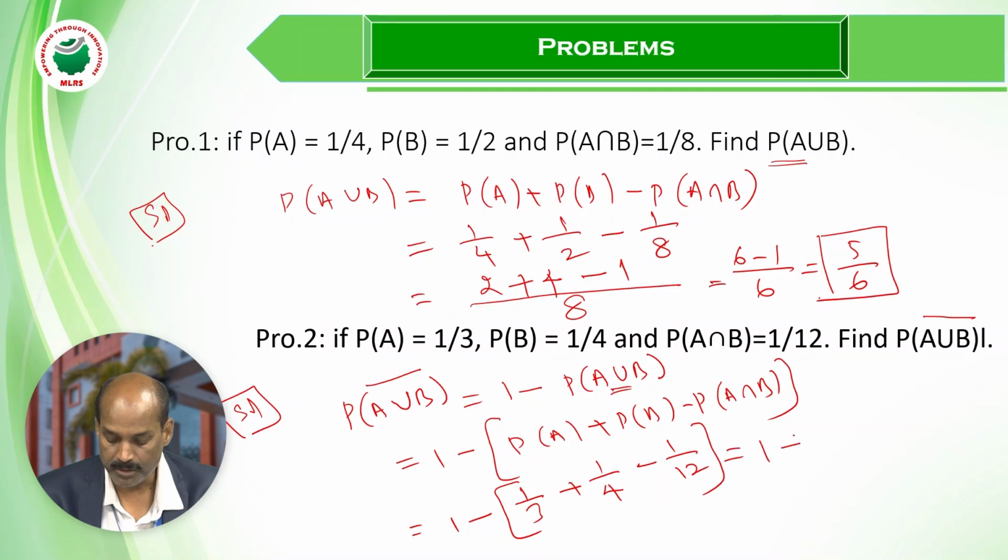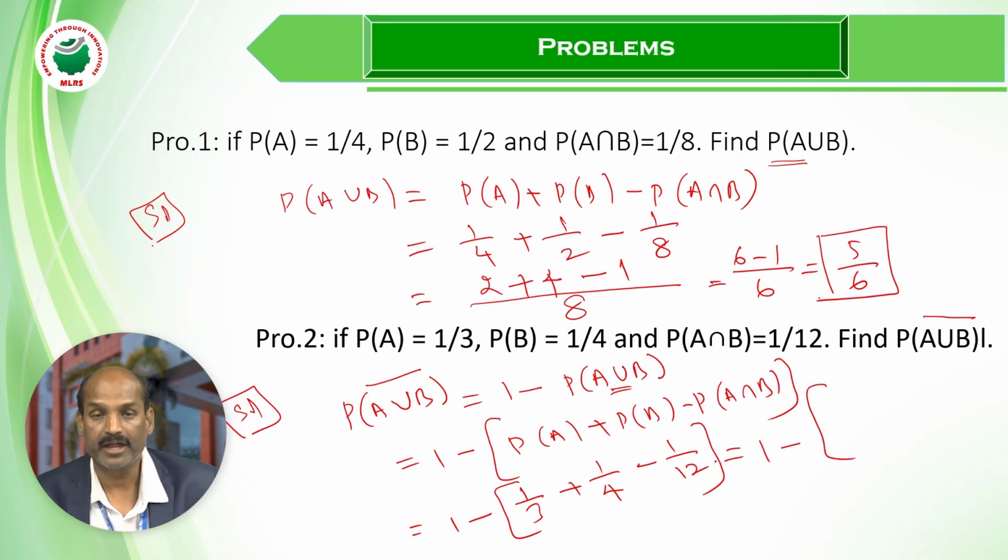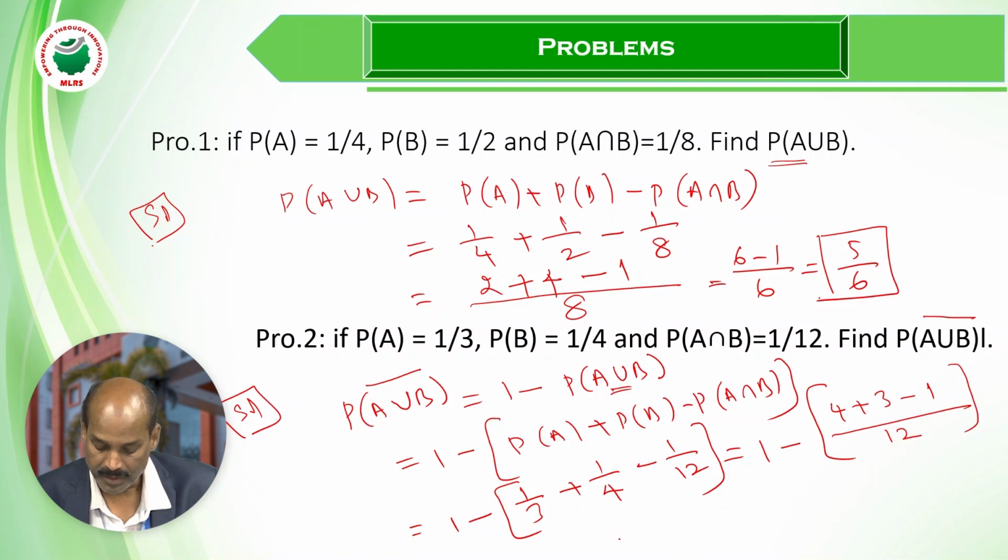Now this becomes 1 minus, now within the bracket you find the value, take LCM here 12, 4 plus 3 minus 1. So finally, 1 minus this bracket: 4 plus 3 is 7, 7 minus 1 is 6, 6 by 12. 6 by 12 means 1 by 2.